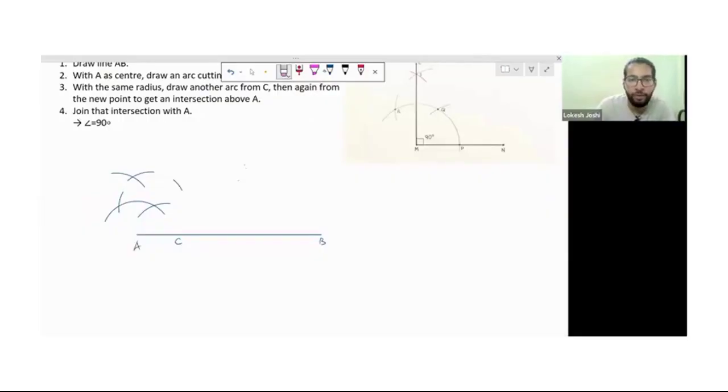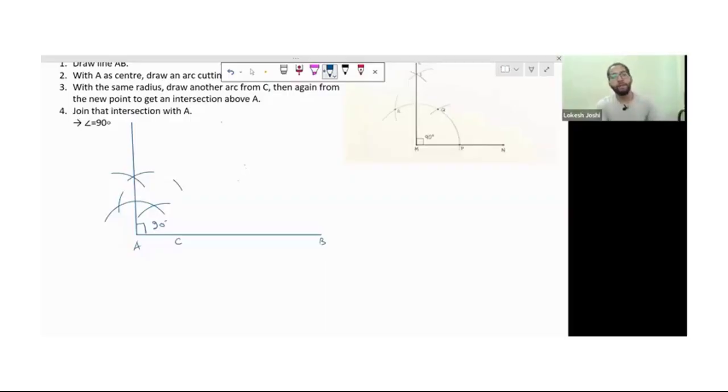Now what we have to do is join this line. This one is a little bit tilted. So this angle will be of 90 degree.